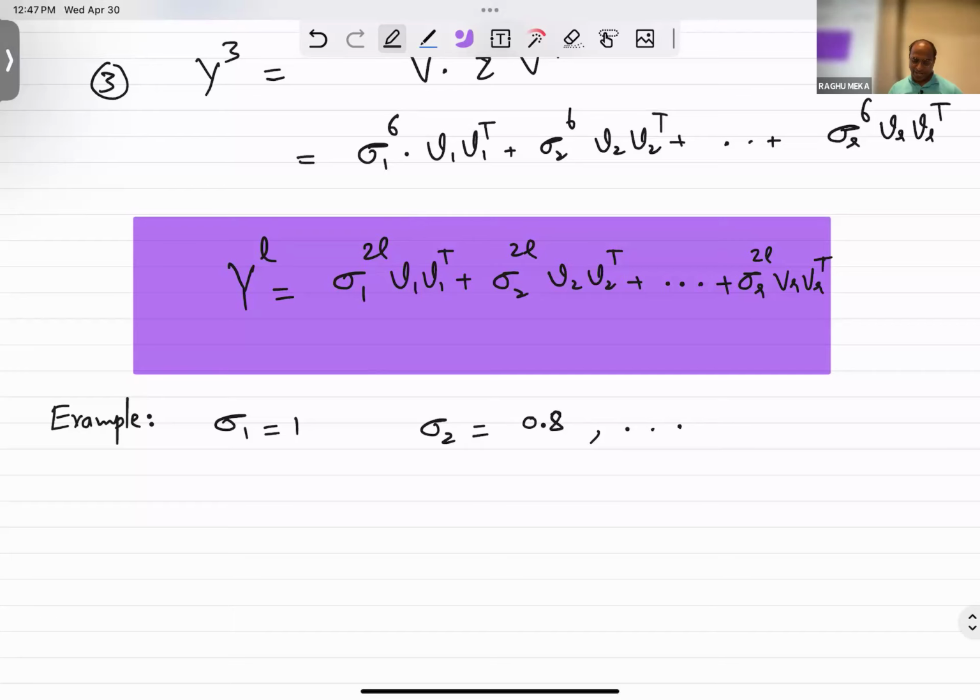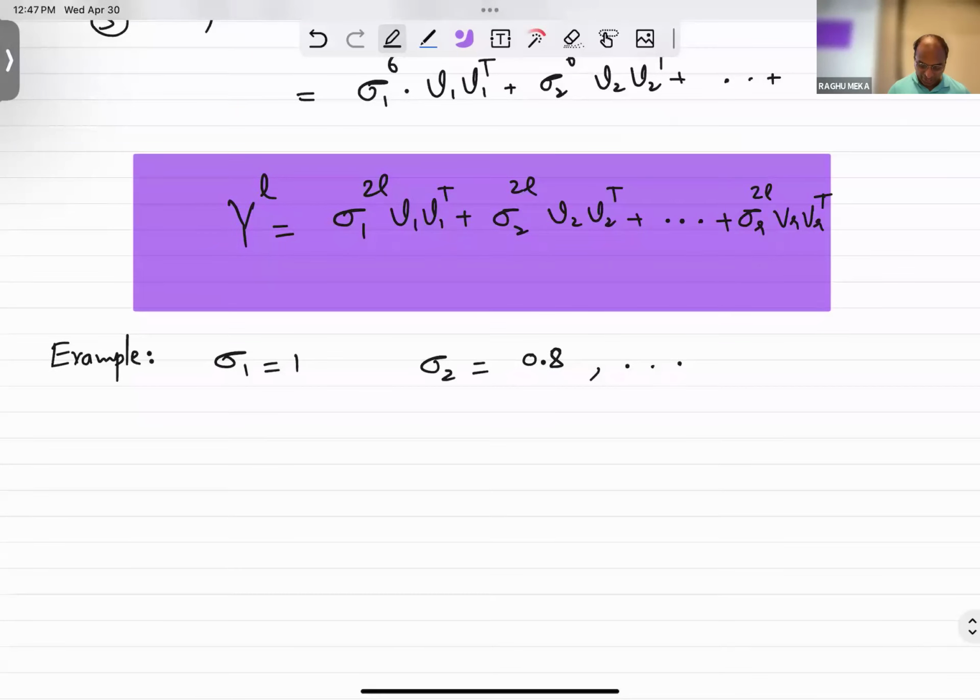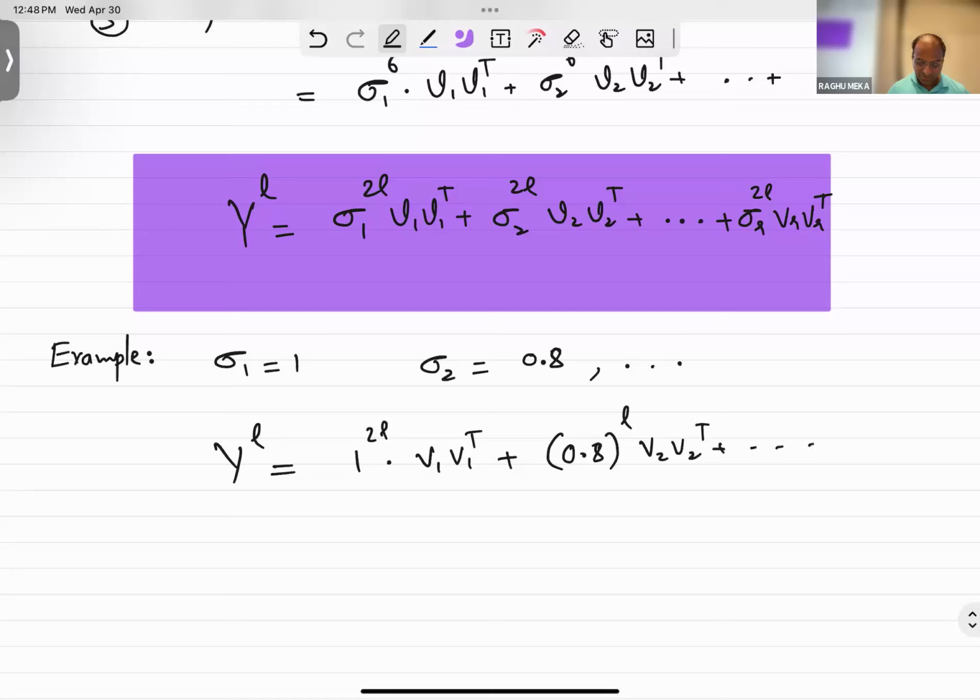Now what happens as I keep on raising this to higher powers? I get y to the L is basically 1 to the 2L times v1 transpose plus 0.8 to the power L times v2 transpose plus so on. And sigma 3 and so on, they're even smaller than 0.8 potentially.